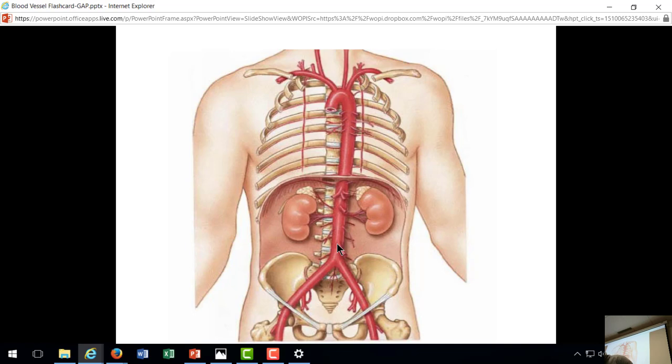It's all by itself down here at the bottom. Inferior mesenteric, and that serves a smaller portion of the large intestine, like the last part of the bowel. So the superior mesenteric is usually thicker, larger diameter than the inferior mesenteric. So you can tell the difference between the two.